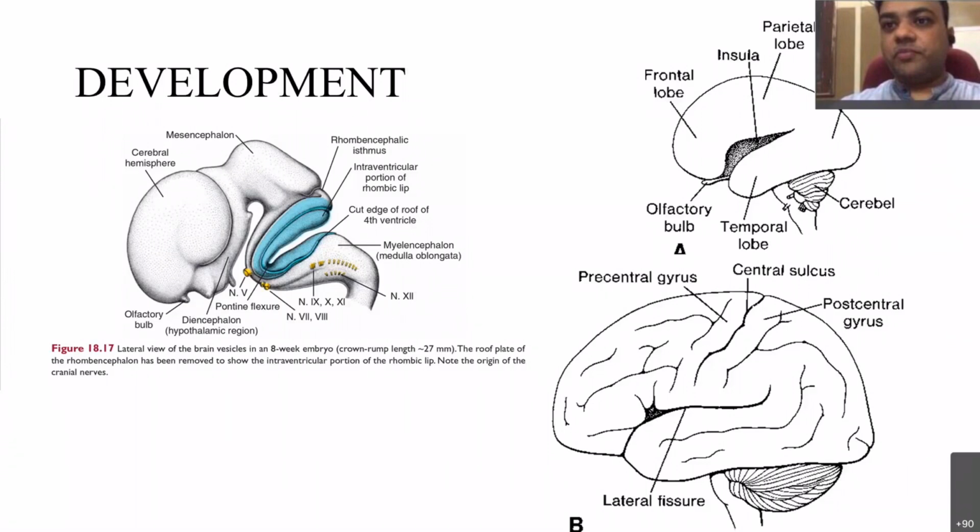And again they are convoluting to form these gyri and sulci, to occupy a larger surface area within the smaller cranial cavity.